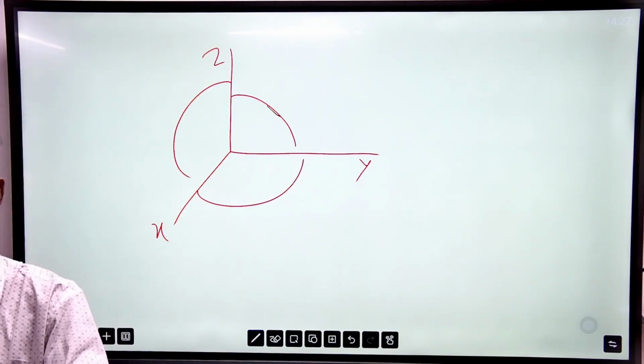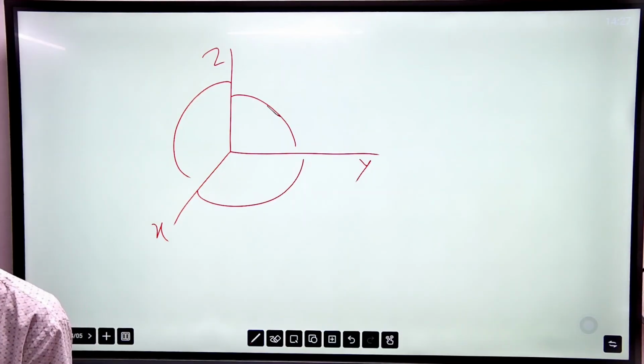Change the paragraph and write. Now I am giving you formulas. Okay, first formula.